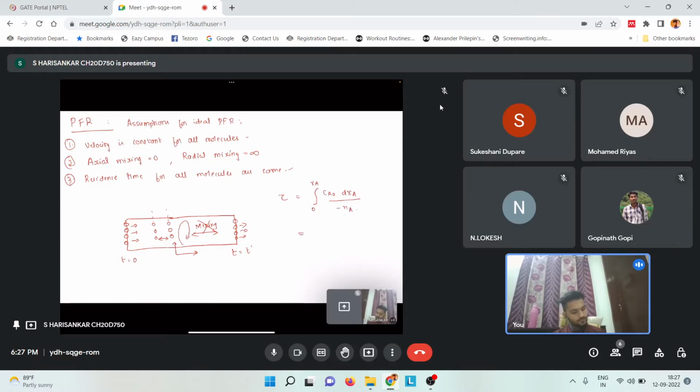Or we can even write this as tau equals the integral from CA0 to CA of minus dCA by minus RA. And this tau you can even write as V CA0 by FA0. So these are the general forms of the design equation for a PFR.